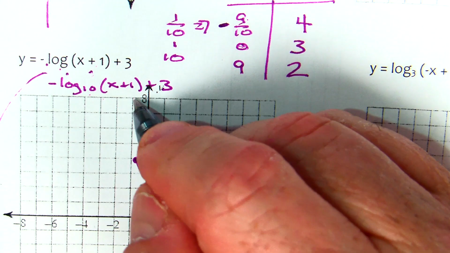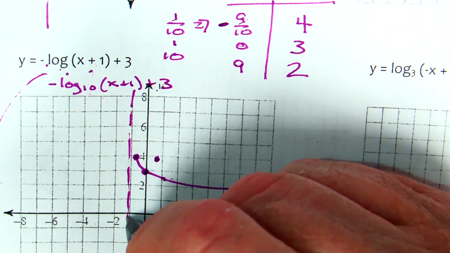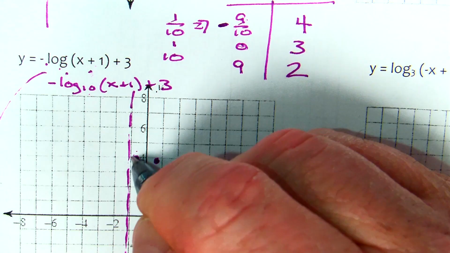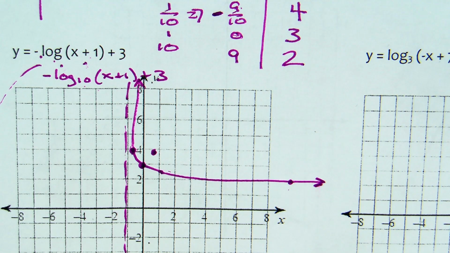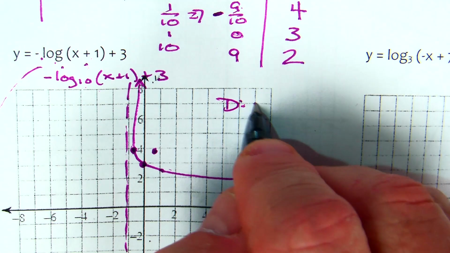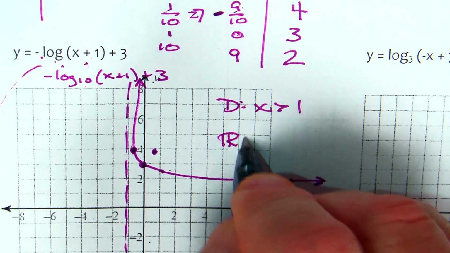Opposite of positive 1 is negative 1. That's your asymptote. That's why I knew I messed up. Your domain is x greater than 1. Your range is all real numbers.